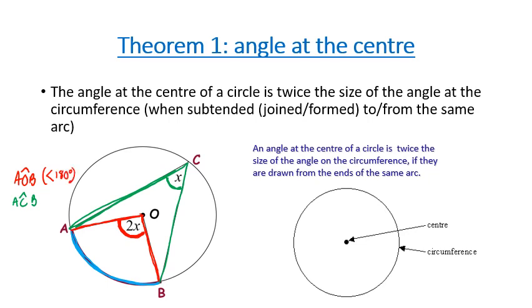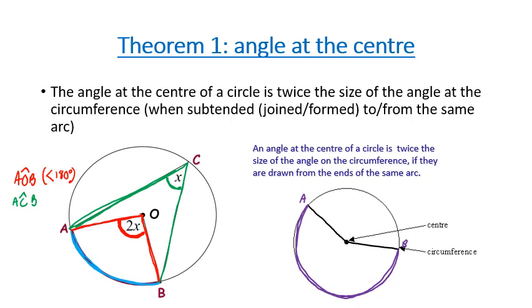If it was more than 180 degrees, look at our second diagram here. We've got an angle here because we've got an arc that runs around this way. So we've got point A and B. Okay, there's our arc.